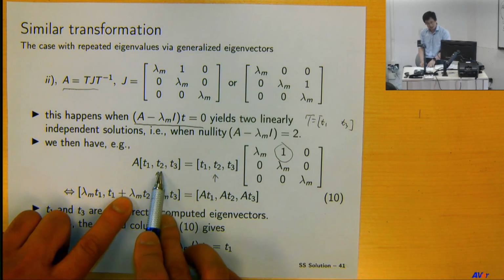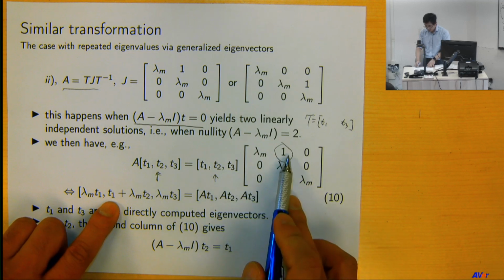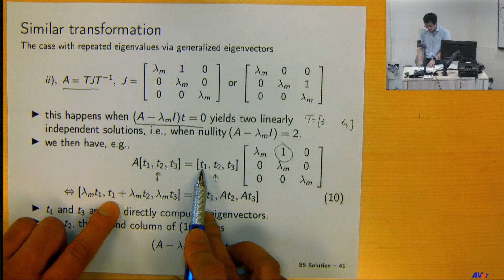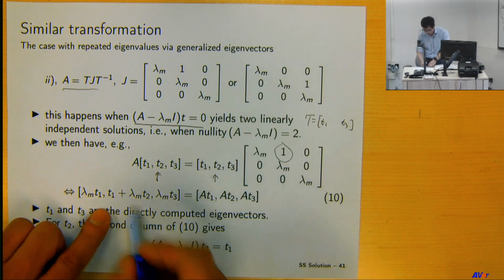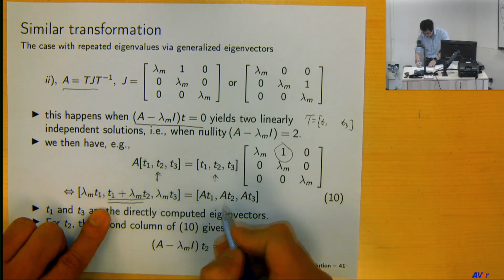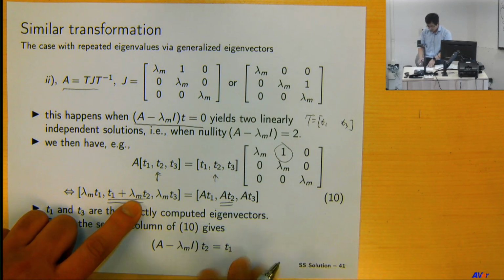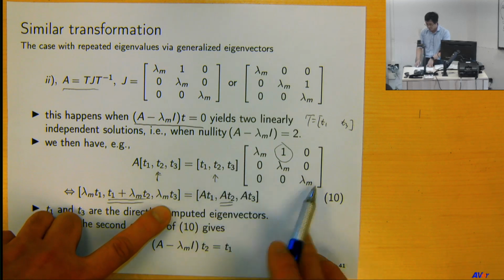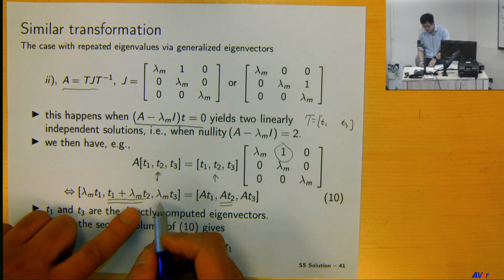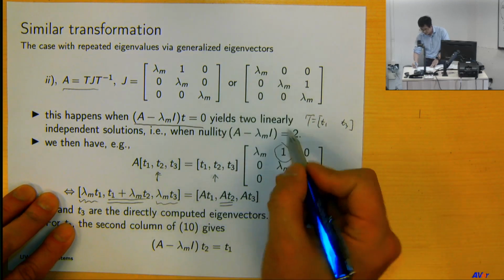And then for this second vector, A times T2 must be T1 times 1 plus T2 times lambda m. So this is the generalized eigenvector, how it's going to appear. And A times T3 is going to be T3 times lambda m. So this is another linearly independent eigenvector we can get directly from the first step.